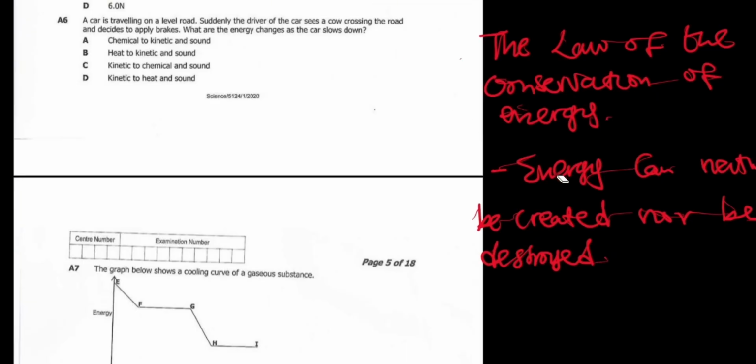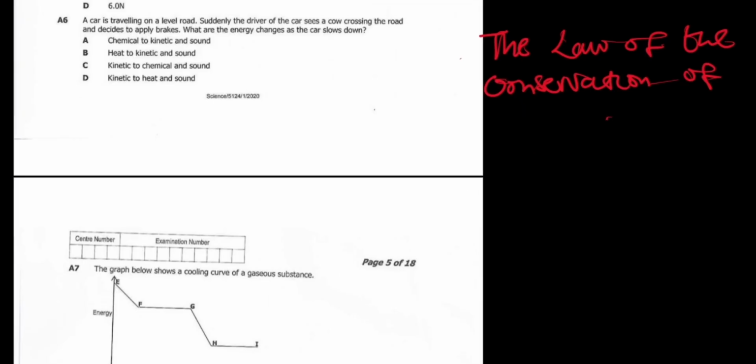So what are the different forms of energy that we can talk about? Well, we have kinetic energy. Kinetic energy is the energy possessed by an object in motion. The word kinetic points to motion. So when something is moving, then it is in possession of what we call the kinetic energy.